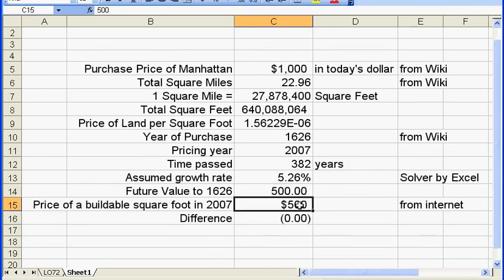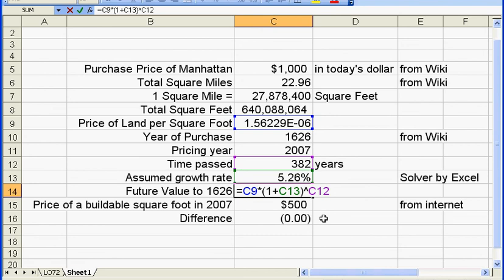So this is the price. What I did here is I took the difference between the future value, from the price in 1626, and the current price now, $500, right? And with this growth rate, or the compounding interest rate, I can grow this blue number, this teeny tiny blue number here, to this $500 here.